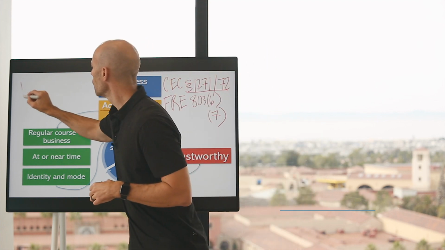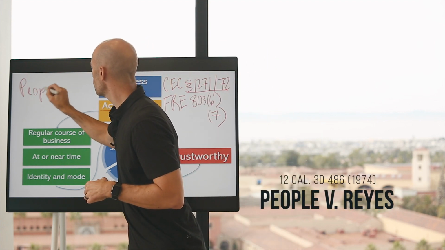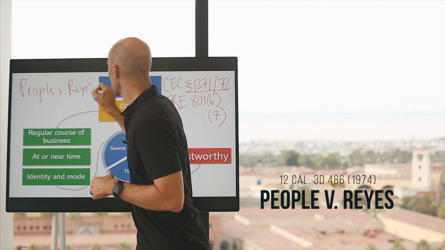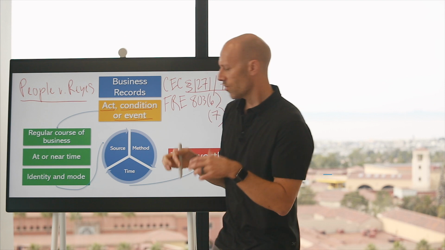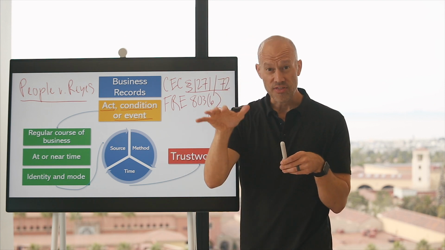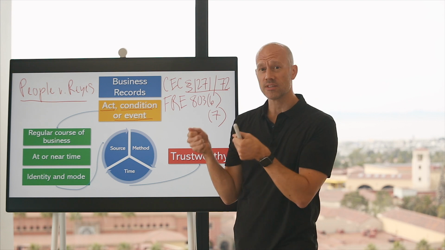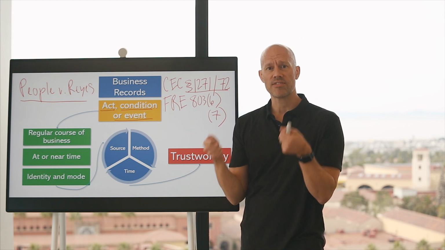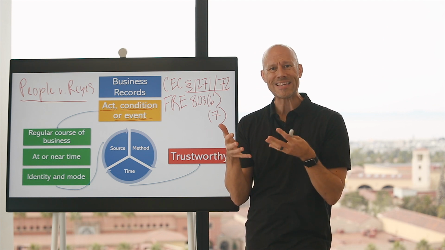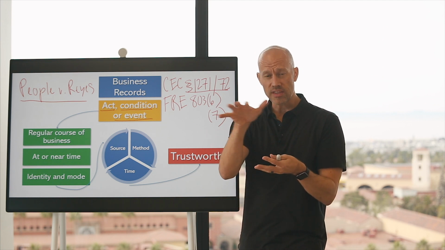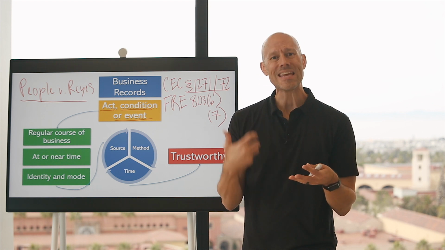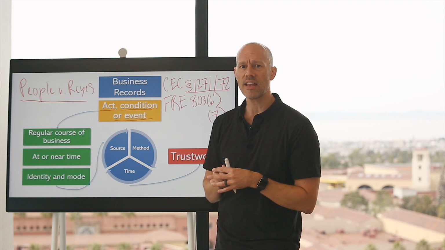For example, look at the case of People versus Rays. In that case, one of the parties wanted to admit into evidence a number of therapy records where the criminal defendant had been meeting with a therapist, and the therapist wasn't available. They wanted to get into evidence all of the therapist's notes, which included the therapist's opinions as to the defendant.